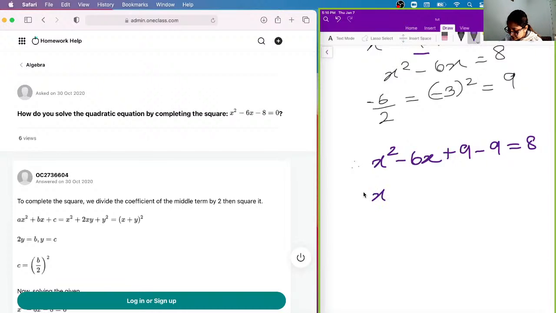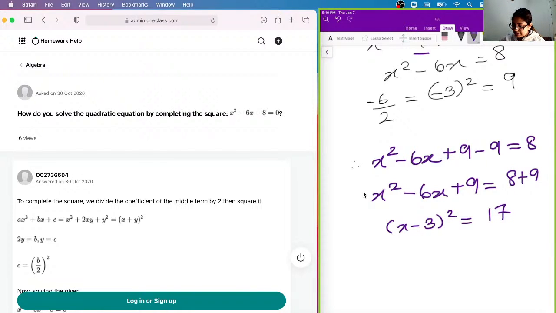So we would have x squared minus 6x plus 9 is equal to 8 plus 9. And so you guys could see that this polynomial equation right here resembles a perfect square, which is x minus 3 squared, and this is equal to 17.